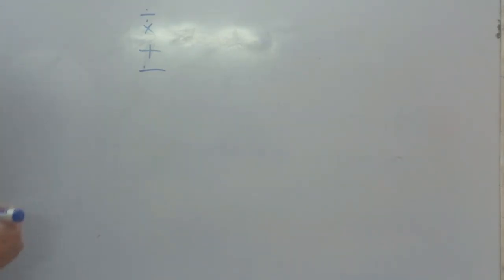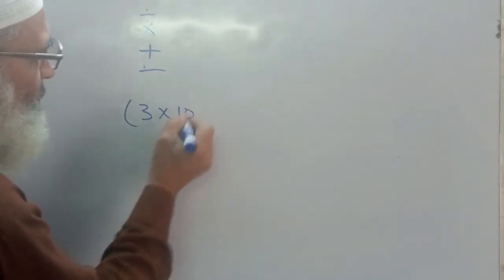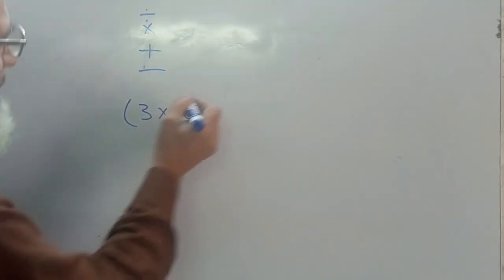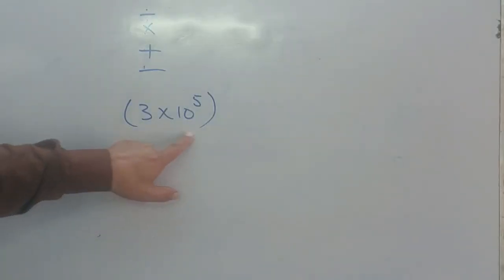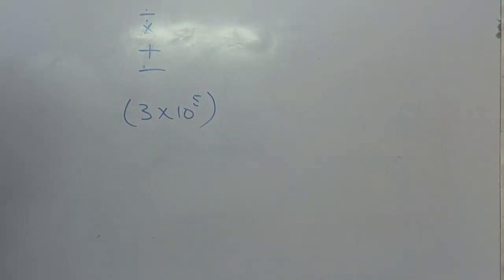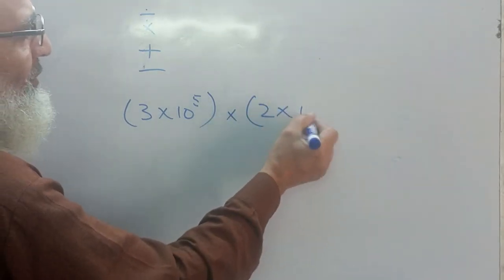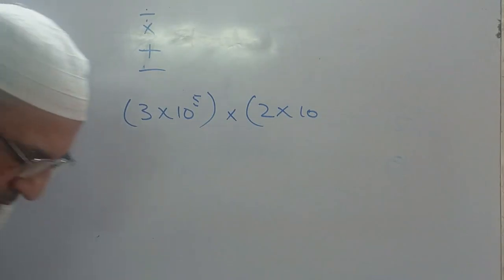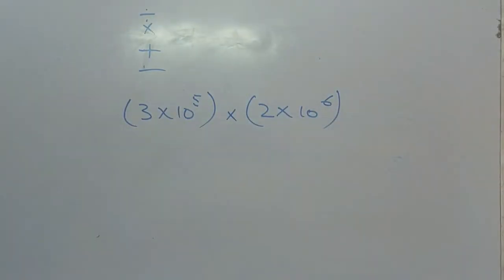So I am going to solve this worked example: 3 into 10 raised to power 5, multiplied by 2 into 10 raised to power 6. It is very easy.